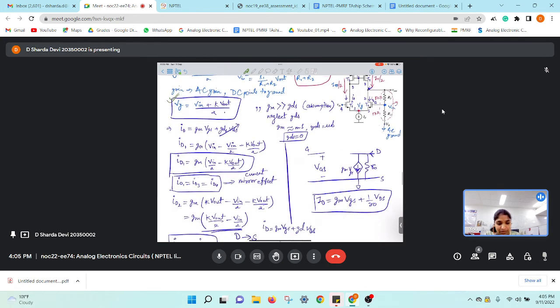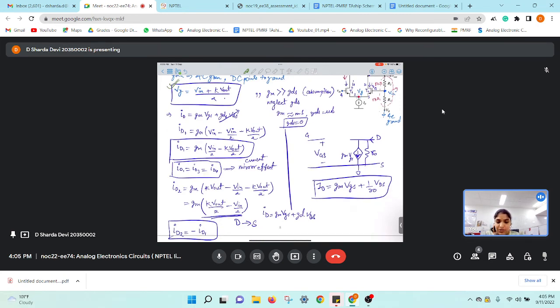Then we moved ahead. We said that in the universal current equation we'll neglect the effect of GDS. This assumption is safe to make because GM is much greater; there are at least 3 orders of difference between GM and GDS. So we moved ahead with this assumption. Now we simply applied the universal current equation.